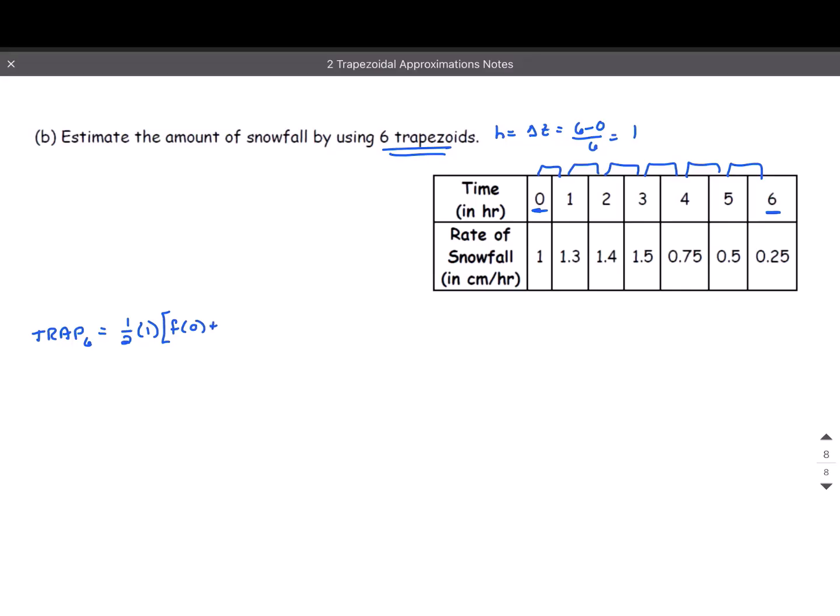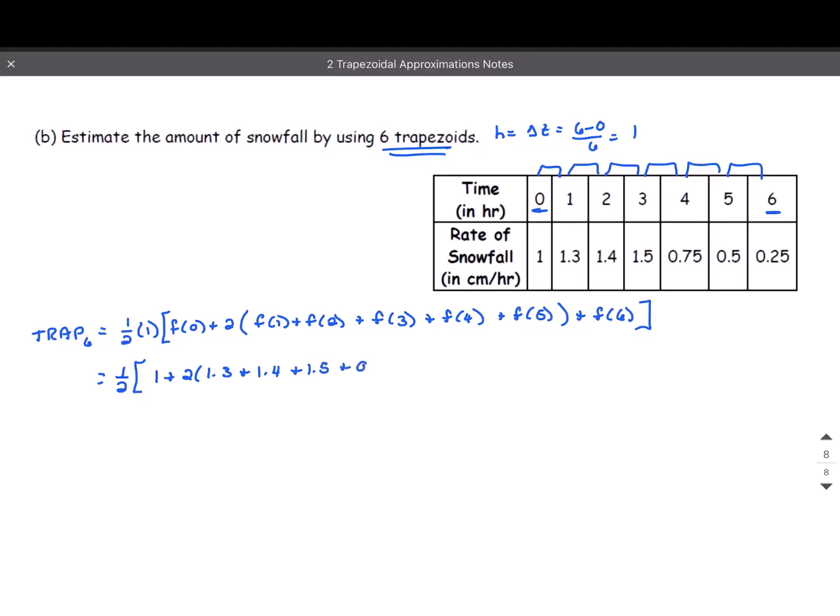So f of 0 plus 2 times f of 1 plus f of 2 plus f of 3 plus f of 4 plus f of 5. Close it because I'm done doubling. Plus f of 6. So we're going to have 1/2 of 1 plus 2 times 1.3 plus 1.4 plus 1.5 plus 0.75 plus 0.5, close it, plus 0.25.